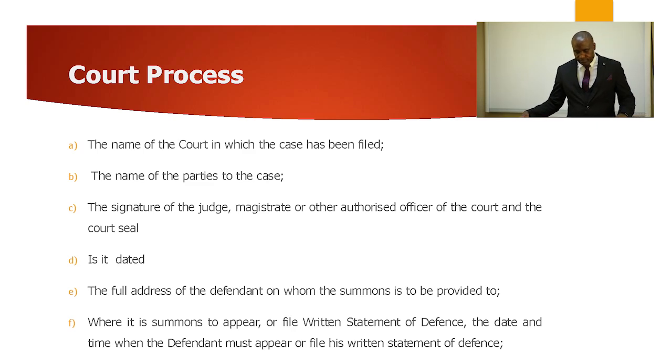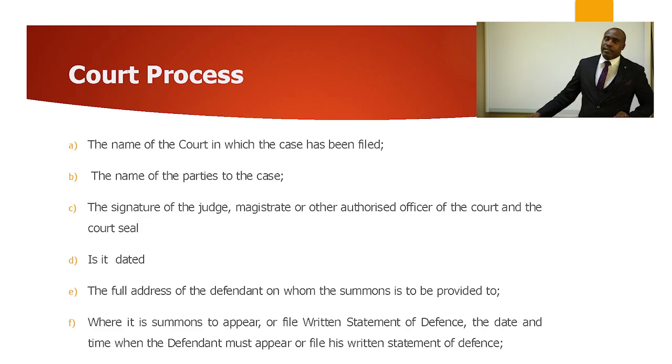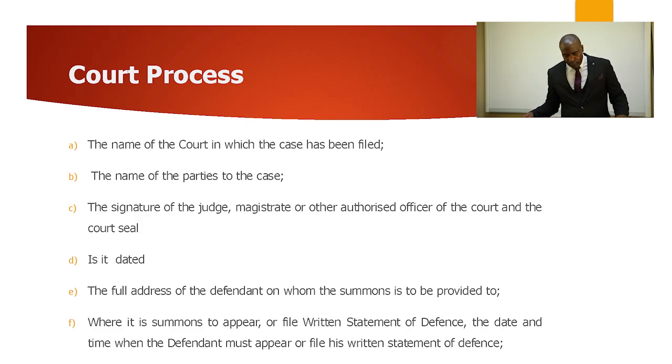Now, for you to understand further the contents that are supposed to be enshrined in the legal document, they could include the following. If it's a summons, a judgment, or a decree of the court, then it should bear the name of the court. Apart from bearing the name of the court, it should also indicate who the parties involved in the case are. But it should also indicate the authority.